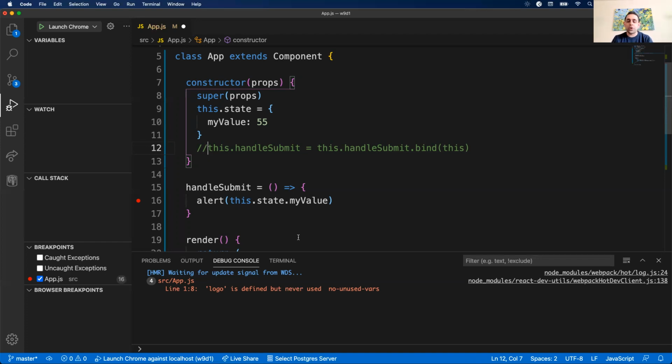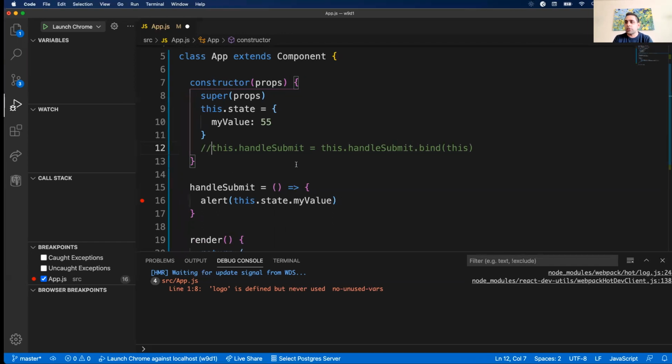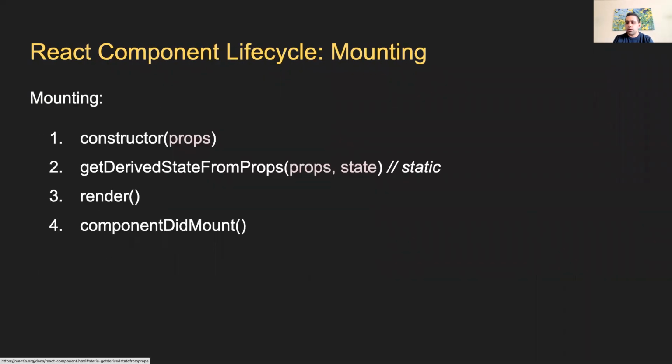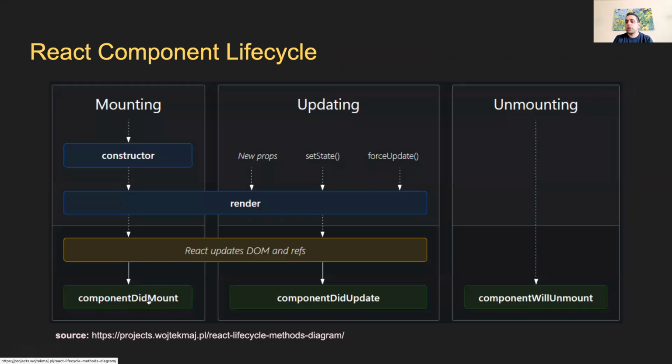Gotcha. No, totally a fair question. So in this particular case, the reason I've started out with class-based components is because the lifecycle methods that we went over are only specific to class-based components. The component did mount, component did update, component will mount. These are methods that will be called throughout the lifecycle, and again, only class-based components. When you get into functional components, these methods won't exist, so we actually have to do something different.